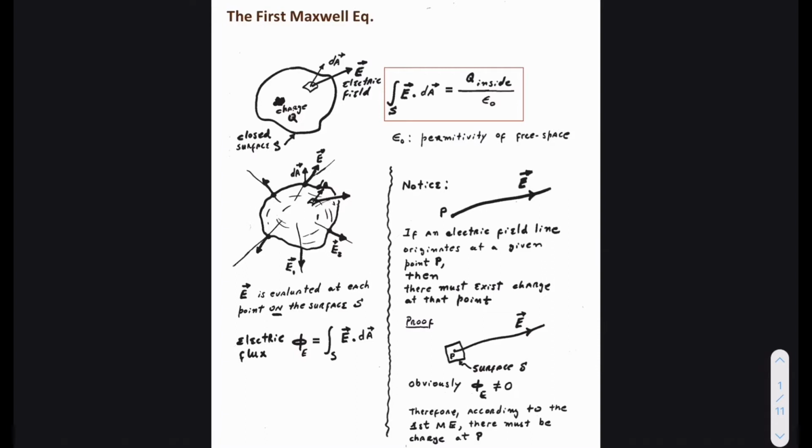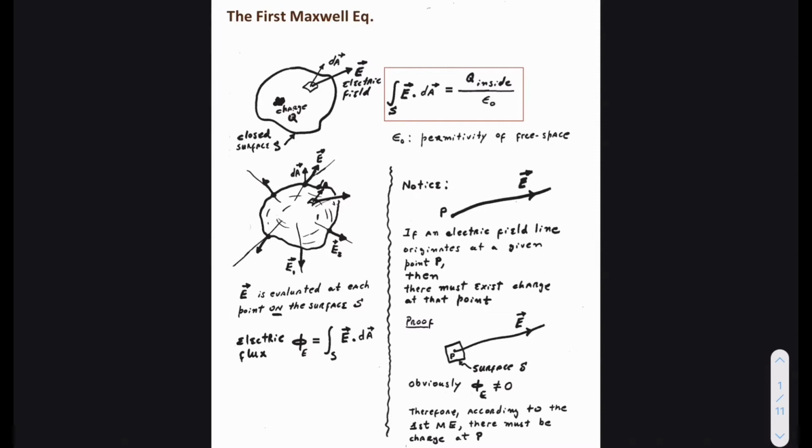Okay, so one of the implications of the first law of Maxwell is that if an electric field like this one originates from some point P, then there must be a charge on that point P. Let's see a very easy proof of this using the first law of Maxwell.